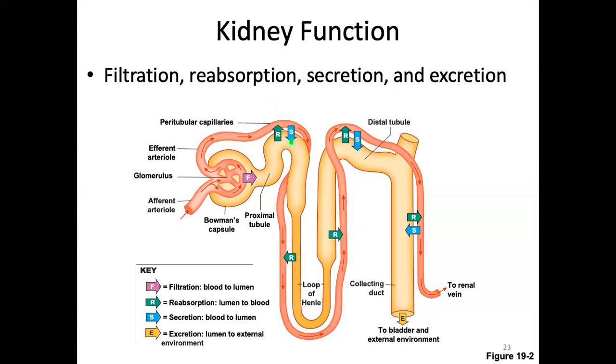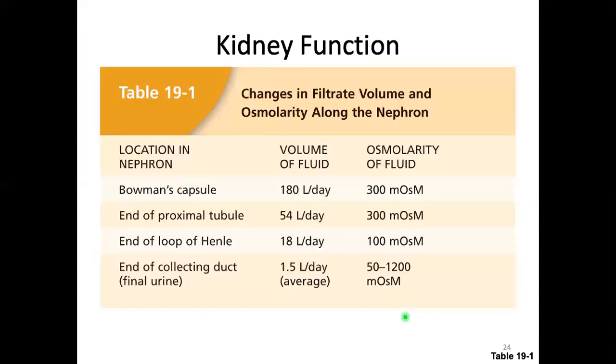You also secrete waste like creatinine or urea into the urine, okay? And then whatever's left is going to go to the bladder and get kicked out in the urine. All right, so kidney function, let's see.